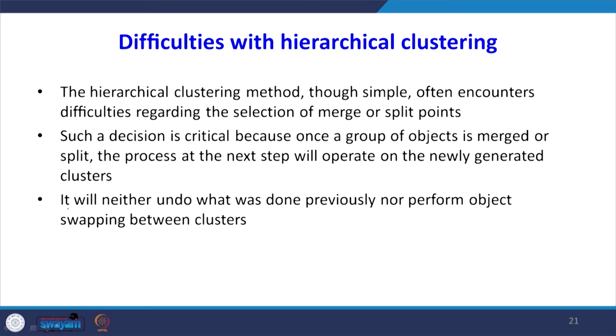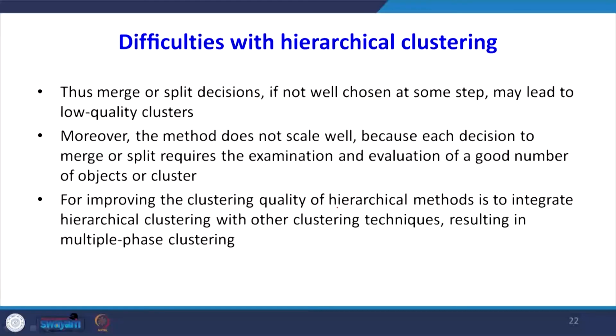It will neither undo what was done previously nor perform object swapping between clusters. These are some of the disadvantages of hierarchical clustering. Thus, merge or split decisions, if not well chosen at some step, may lead to low quality clusters. Moreover, the method does not scale well because each decision to merge or split requires the examination and evaluation of a good number of objects or clusters.